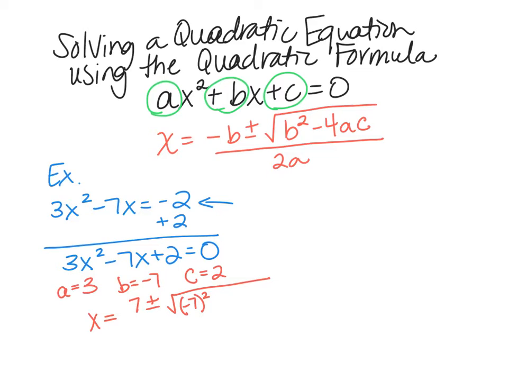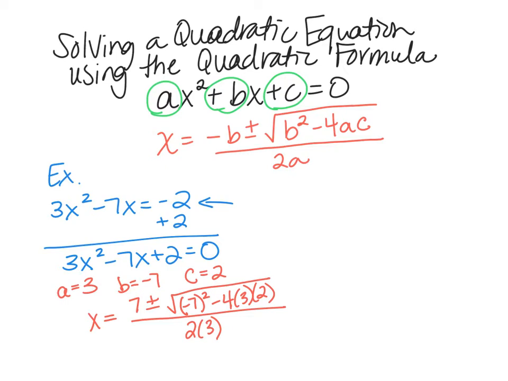If I don't use parentheses sometimes, especially if I'm using a calculator, it will accidentally say 7 squared and then put a negative on it. That is not what I want to do. So I want to take the entire negative 7 and square it. Then I'm going to have minus 4 times my A, which is 3, times my C, which is 2. All of that gets divided by 2 times A, which is 3.